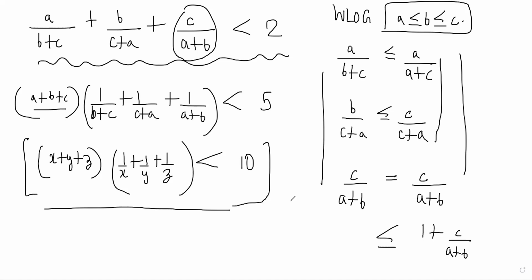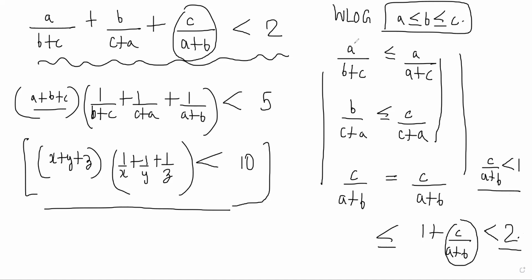And since it's in a triangle, this C by (A plus B) is less than 1. So we can say that this is less than 1 plus 1, 2, right?